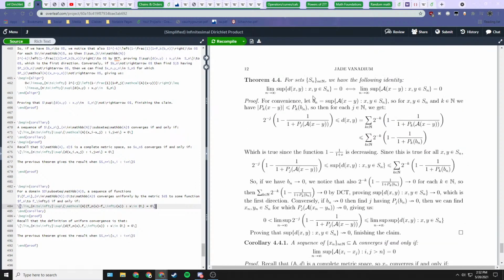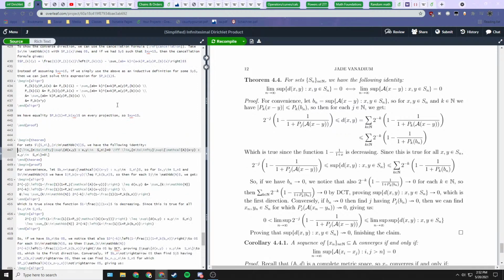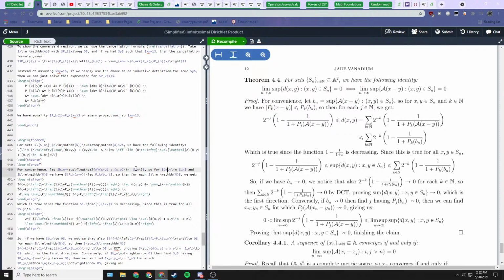So up here we did these distances. We just had x comma y in S sub n. Actually, we want ordered pairs of x, y. So a series of sets S_n, and we'll do A squared. So that's a series of points. Yeah, and that's a lot better. Okay, so let b sub n be these, for x comma y an ordered pair.